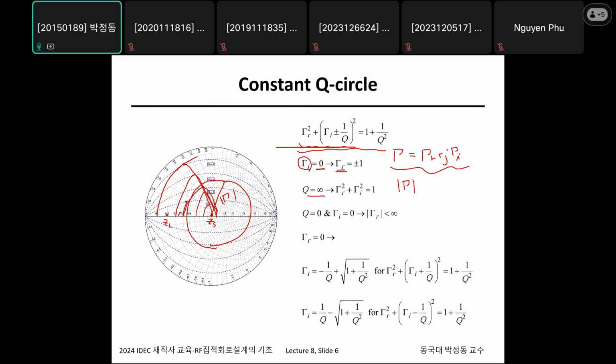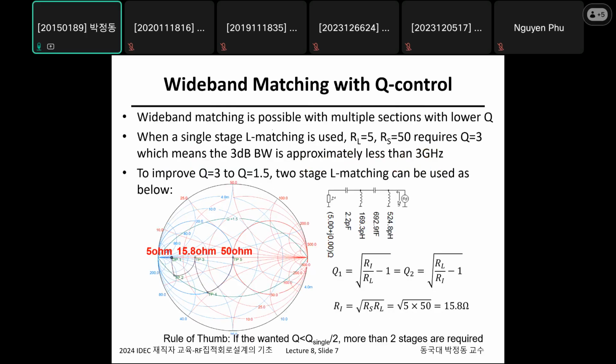That is the only way you can achieve it. As GL is far away from GS, you might have a higher Q. To avoid this, you have to use multi-sectional matching, something like this. Then you can still track a lower quality factor, which means your fractional bandwidth is improved quite a lot.